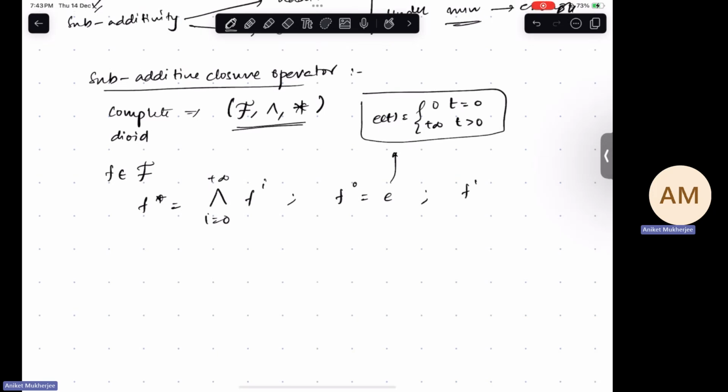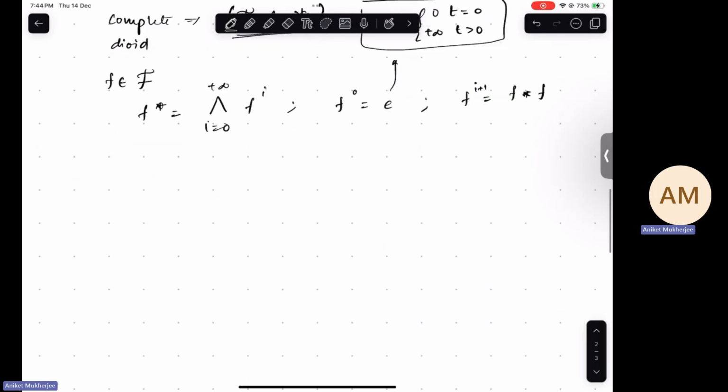And f^(i+1) is f convolution f^i. We know that the pointwise minimum and addition have the distributivity and associativity properties.